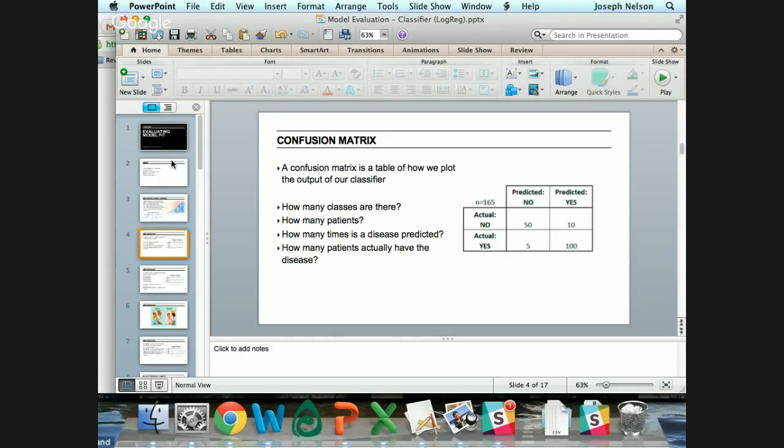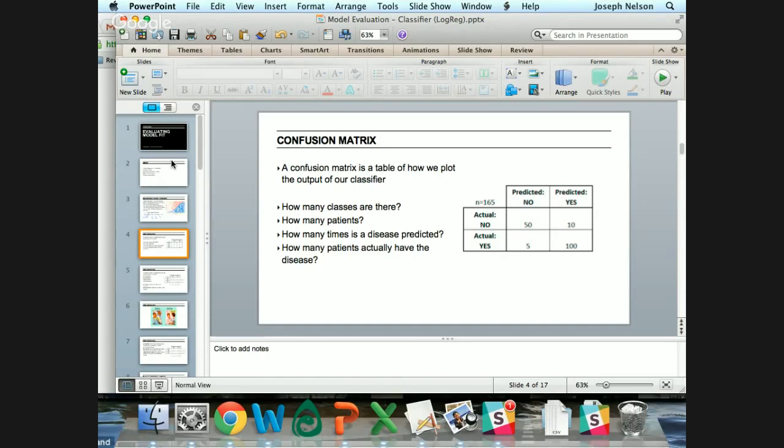So let's work based off of this one in this slide. Let me ask you to see if there's comprehension about what's going on there. How many classes are there? Two? What are the classes?